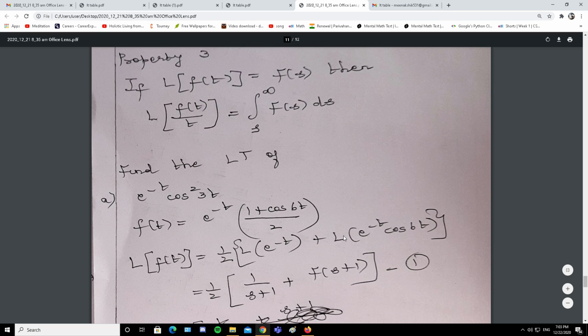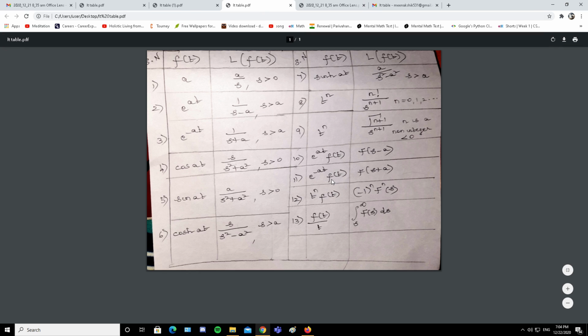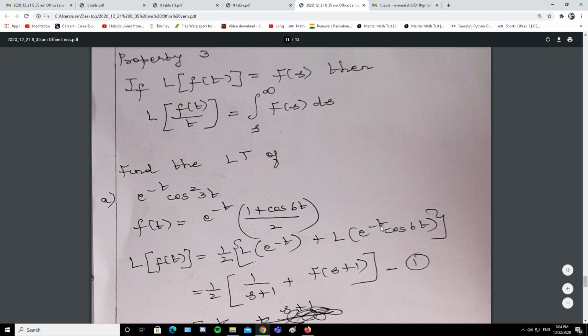I repeat, you have Laplace of the product e power minus t cos 6t. So whenever you have Laplace of the product where one of the terms is an exponential term, it means shifting property. Laplace of e power minus a t f of t is f of s plus a. You compare this, a is 1, so f of s plus 1.